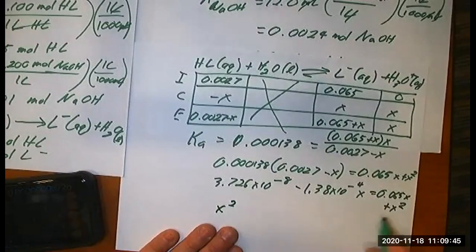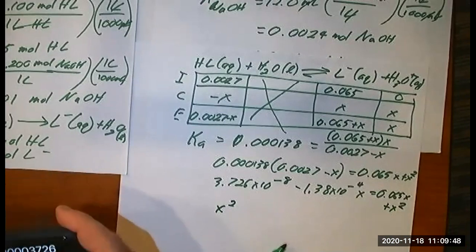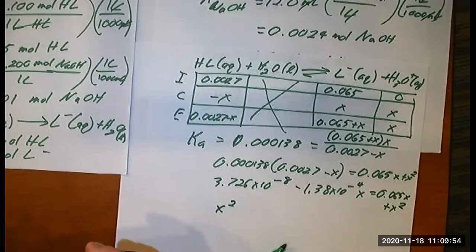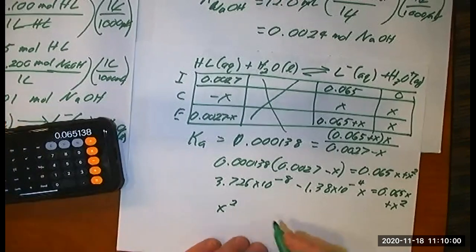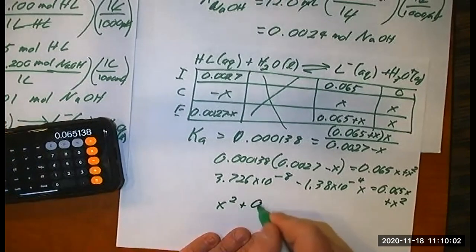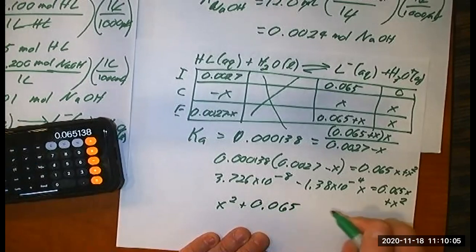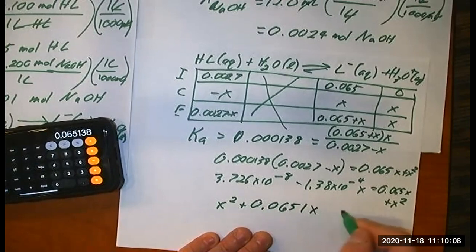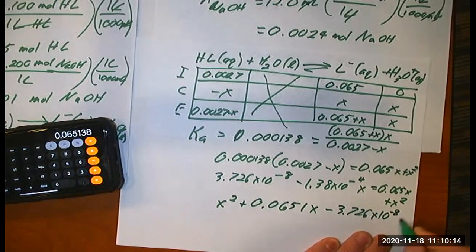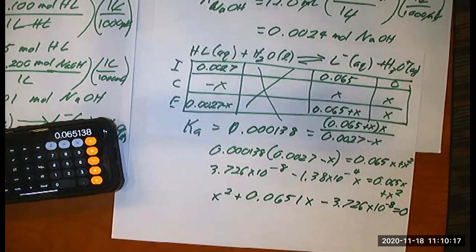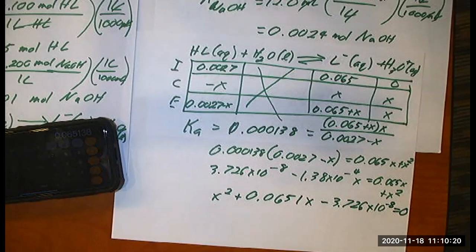For x squared, we take 0.065 plus 1.38 times 10 to the negative 4, so we have plus 0.0651x minus 3.726 times 10 to the negative 8 equals 0. And we go find ourselves a quadratic formula calculator, or you can use the quadratic formula if you prefer.